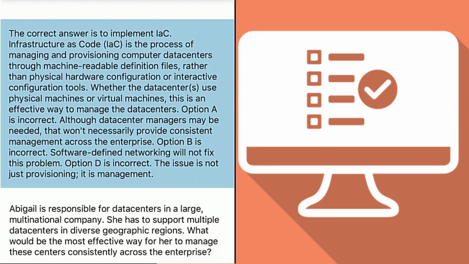The correct answer is to implement IaC, infrastructure as code. It is a process of managing and provisioning computer data centers through machine-readable definition files rather than physical hardware configuration or interactive configuration tools.